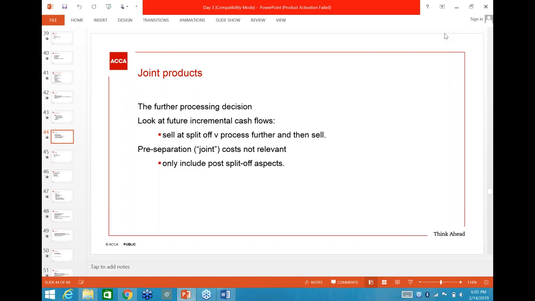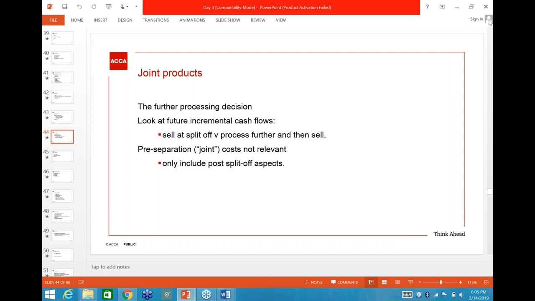So look at future incremental cash flows, that is, sell at the split off point versus further processing. Also make sure you know how to split the joint cost among the products. F2 would have taught you this as well, or FMA at the knowledge level.